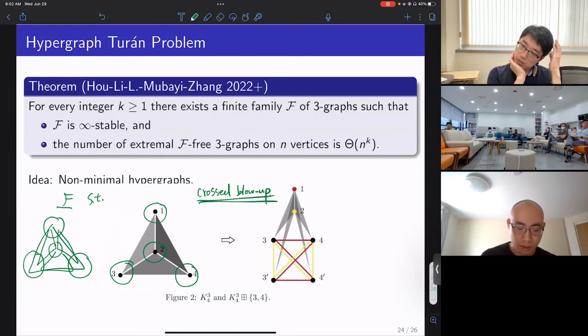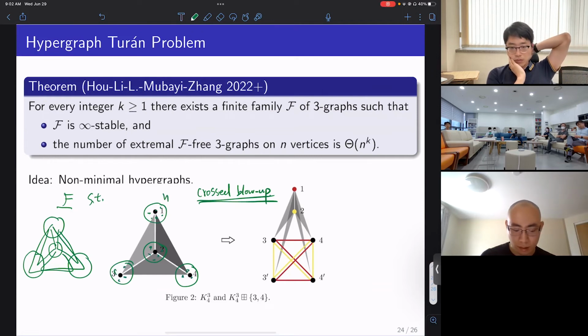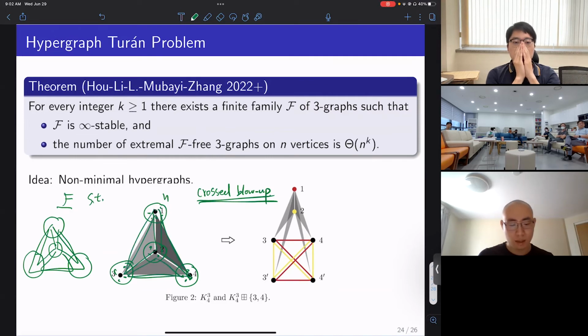Blow up means you replace every vertex by, say, n vertices. Then you get a 3-graph on 4n vertices, and you add all triples that were there before. So basically you clone every vertex n times. That's the definition of the ordinary blow up.